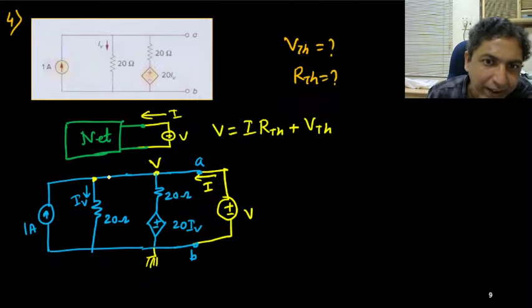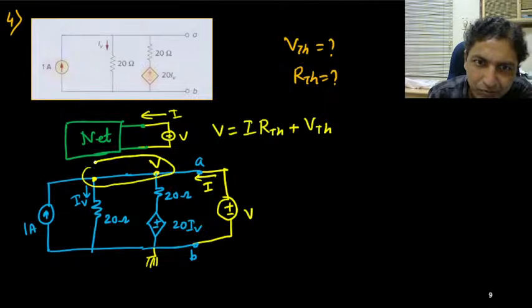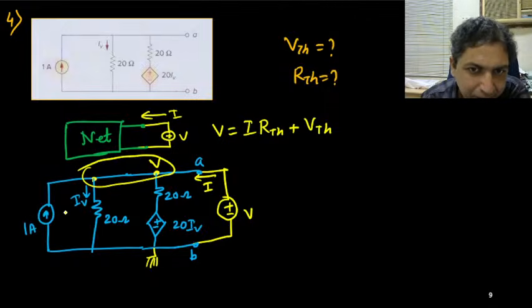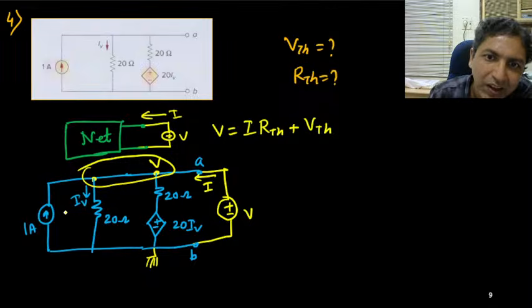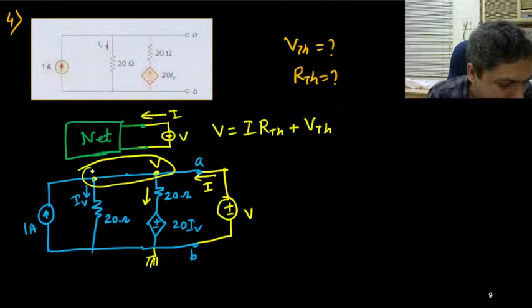Okay, now can I apply KCL? So this is same node, this is actually same node. Okay, at this node, this current is coming, incoming current I, some current is going through this side, this is the IV current, this is the 1 ampere current.